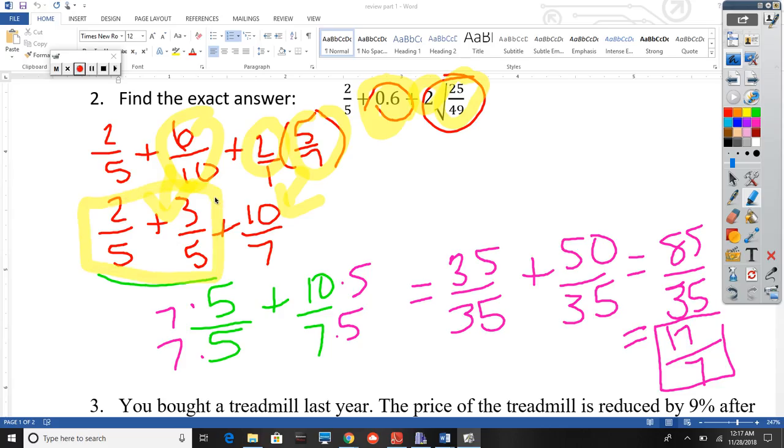If not, I would have had to multiply them. Once you get the answer to those 2 fractions, then you're going to bring this one down and add these 2 together. And then once you add those 2 together, that's pretty much your final answer. Okay. Alright, let's go on to the last one.